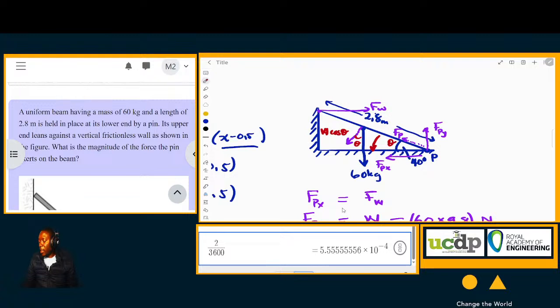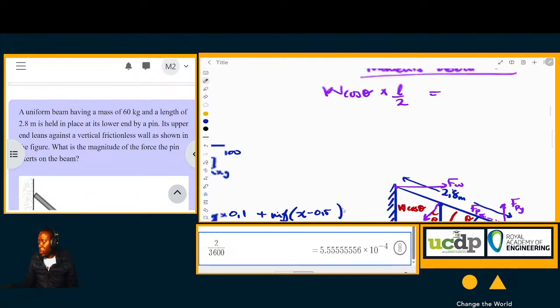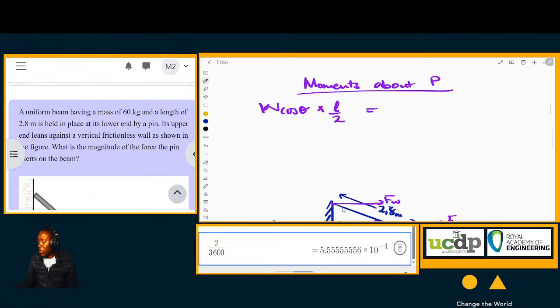If you take it back up, the component that was initially along the weight now makes an angle theta with the component perpendicular to the beam, because you have just raised the beam at an angle theta. So the angle between them is theta there. So W cos theta is perpendicular, acting at 1.4 from the pivot. That's why we have W cos theta times L over 2.